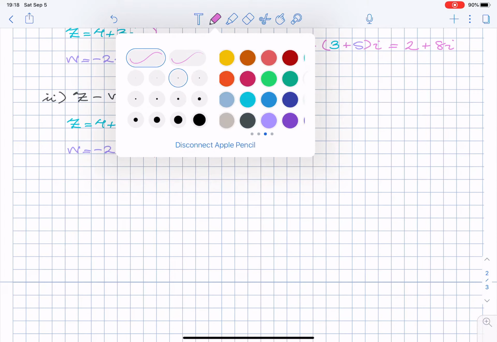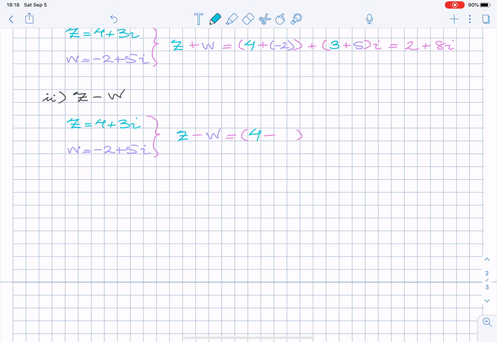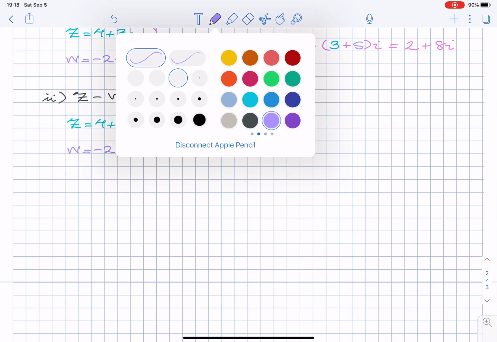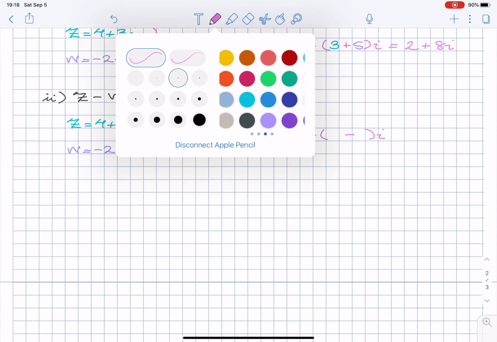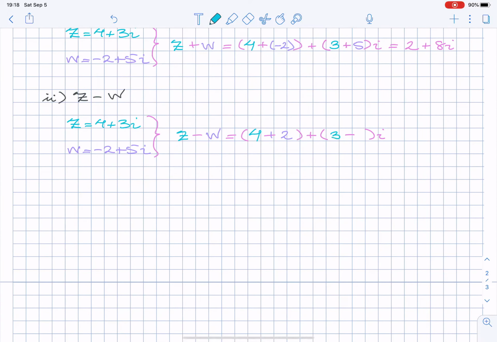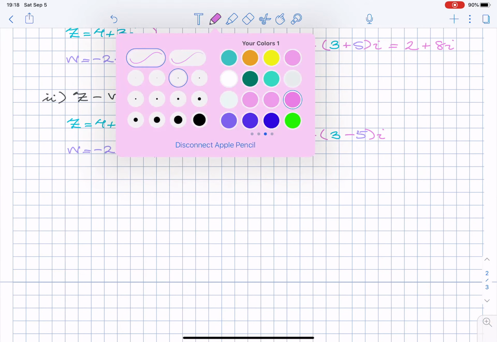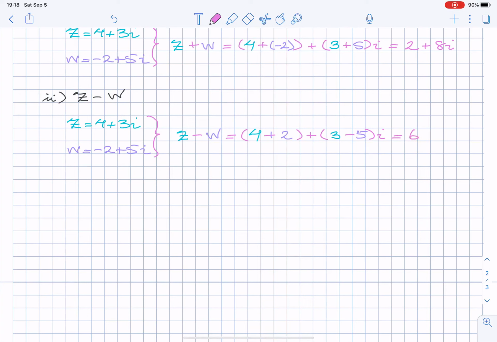So that's going to be 4 minus a negative 2. So minus a negative becomes plus. To which I add, I always put an addition in the middle, I add the difference of their imaginary parts. So this will be 3 minus 5. So what I end up with then is 6 minus 2i.